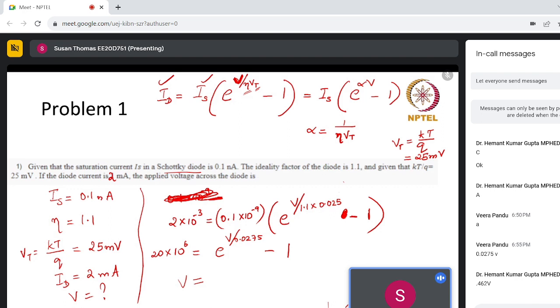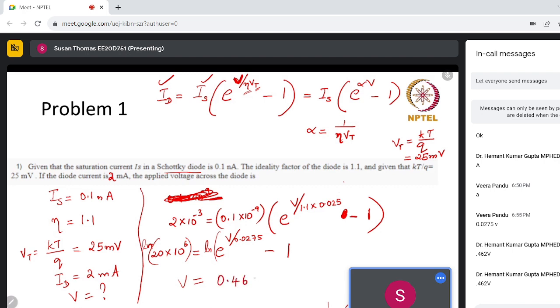Once you reach this step, you have to just take ln on both sides. Then you should be getting the value of voltage to be 0.462 volt.